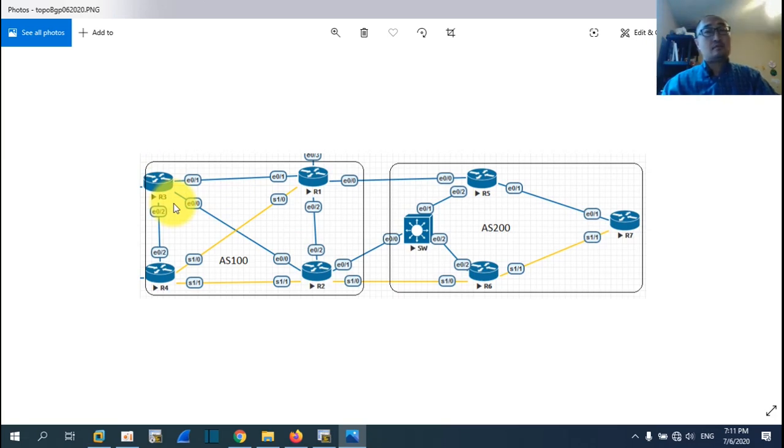But here's the problem: what about your services? So right now you can change your server's IP address. Let's say change to 2.2.2.2, or something else, whatever. And then, very important, change the DNS mapping.